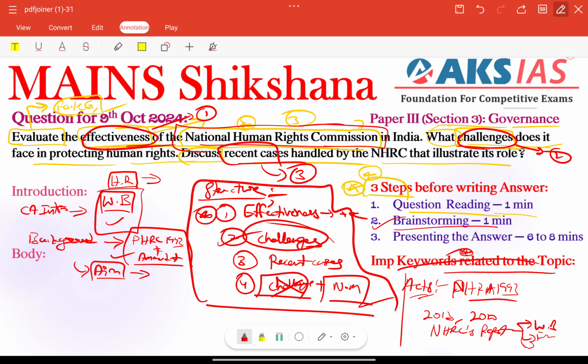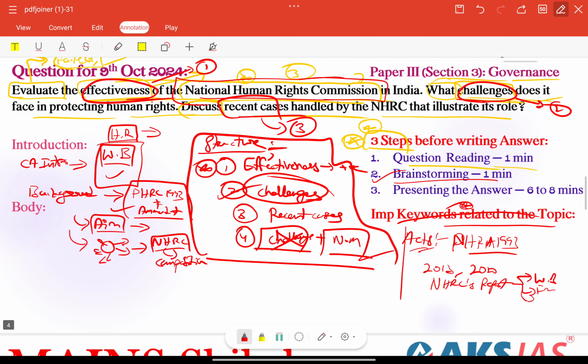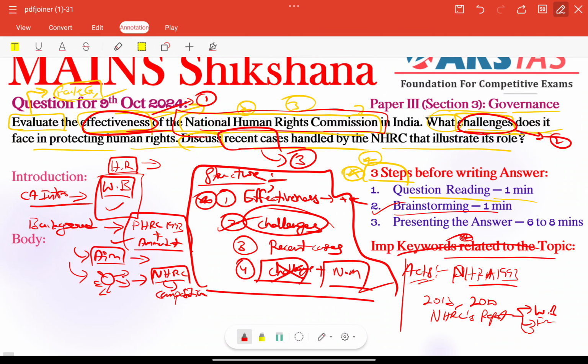That is the main aim. Otherwise, we can draw a flowchart including the Human Rights Commission's members' composition. So very simple: start with a current affairs introduction or background, and provide the content in a flow or continuity.